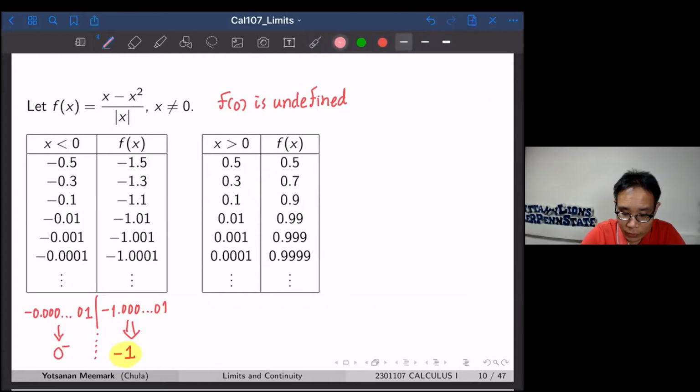If you're not able to imagine it, let me draw you a real number line. You have 0 in the middle.